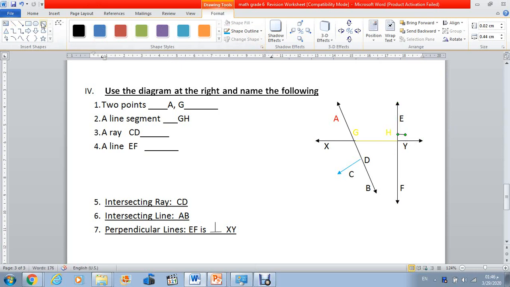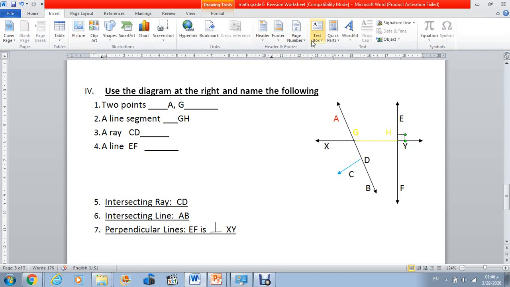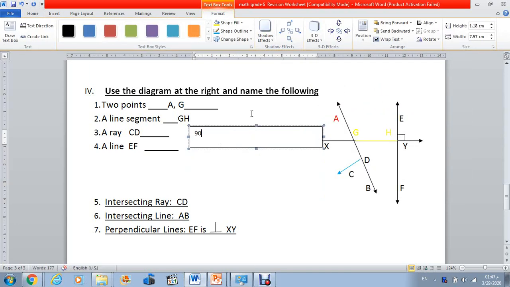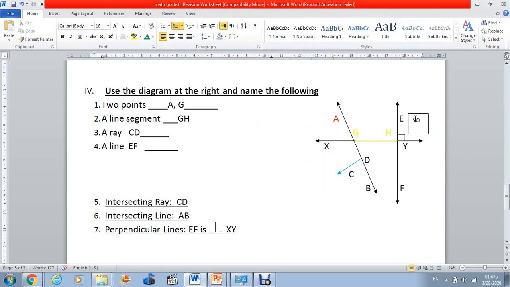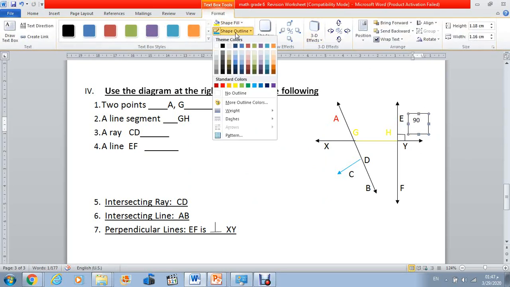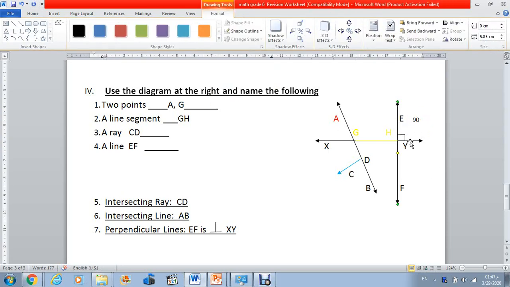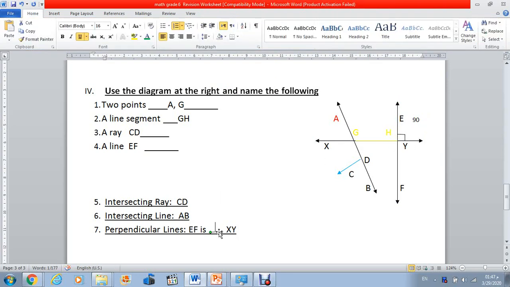Remember, in order to say that they are perpendicular to each other, they have to make a right angle, which measures 90 degrees. So yes, here there is a 90-degree angle. EF is perpendicular to XY.